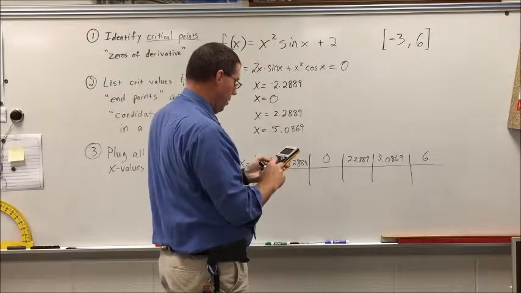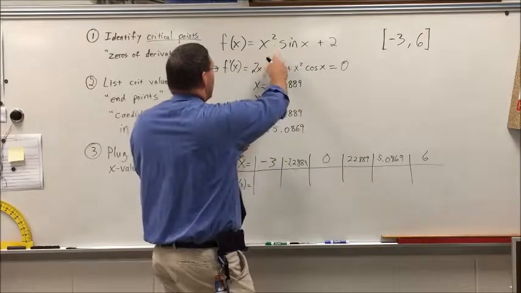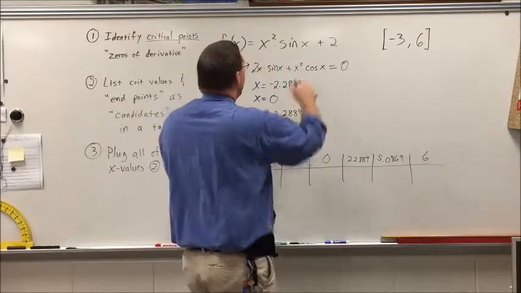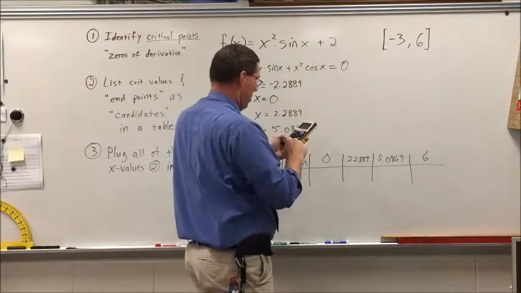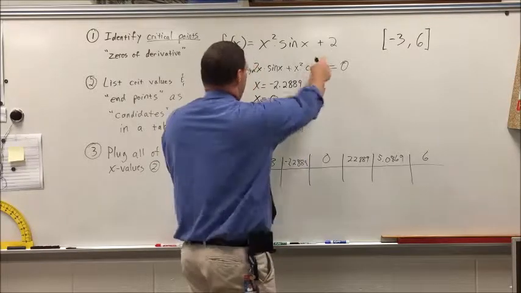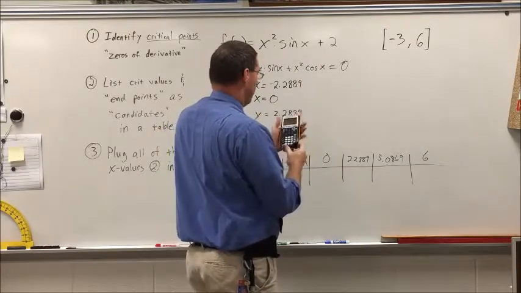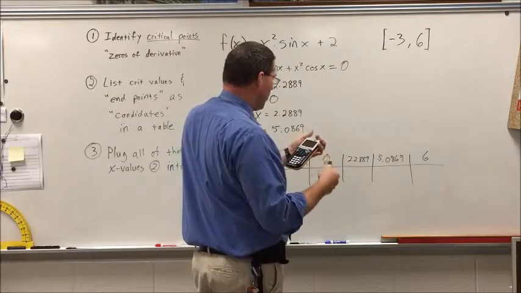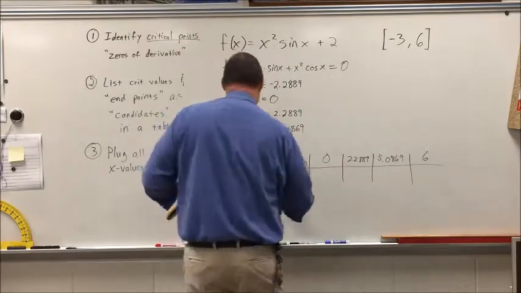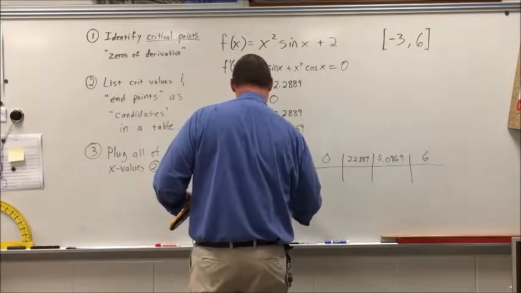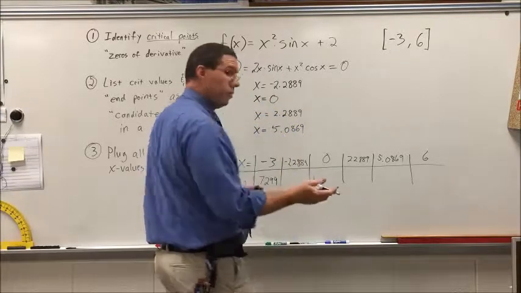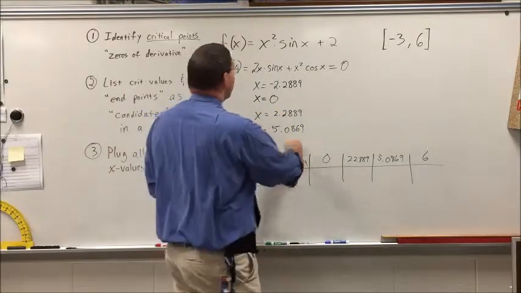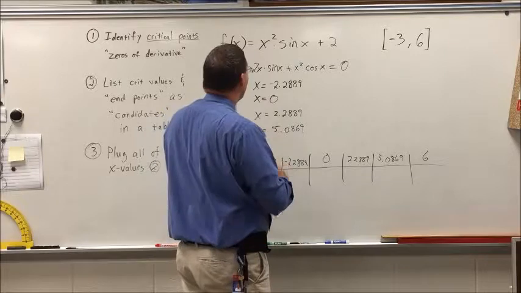So -3 squared times sine of -3, plus 2. Enter. And it says that the answer is 0.7299. Done.